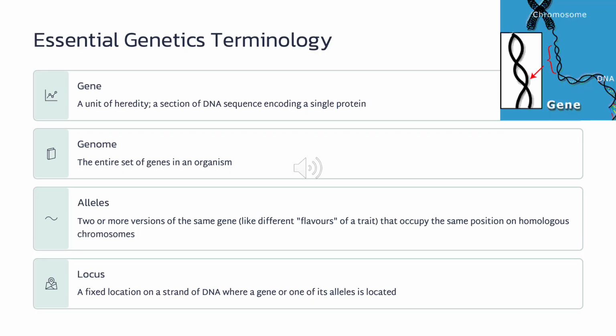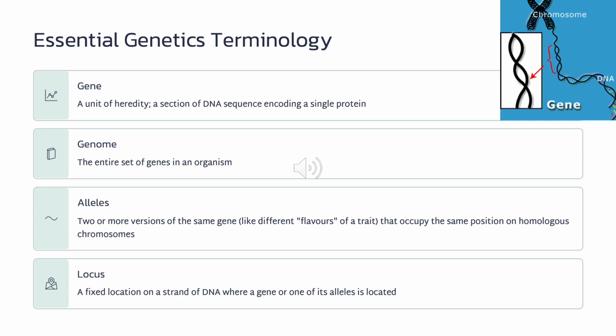Before we go further, it is essential for you to understand several genetic terminologies that are very crucial, because this terminology will be used frequently in this subject matter. So the first one is gene.